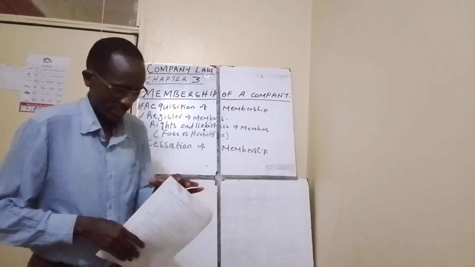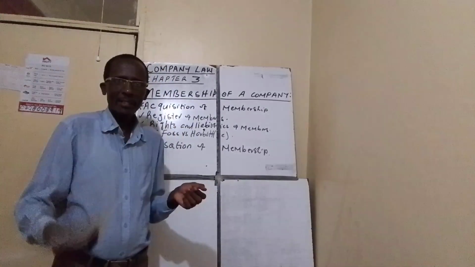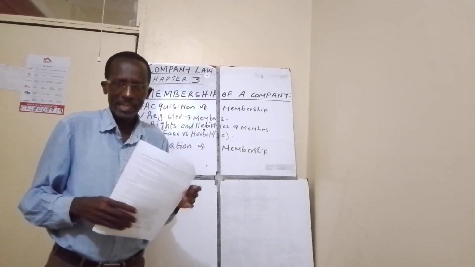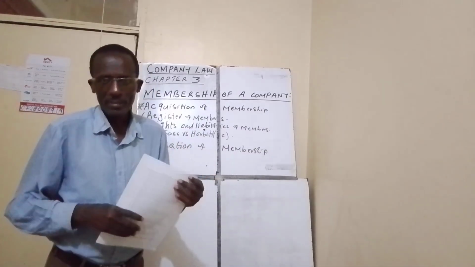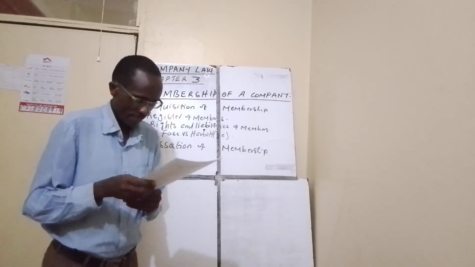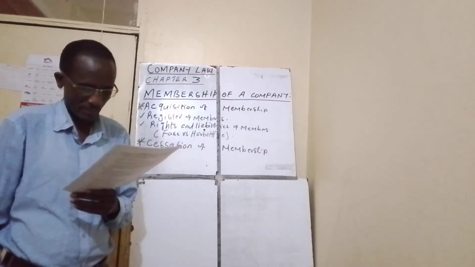Now, as you progress, because you'll be covering directors, secretaries, and auditors, when we come to directors now, we'll look at register of directors. Here we have just briefly mentioned that every company shall keep a register of its directors.